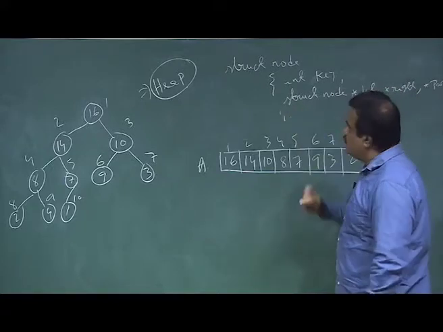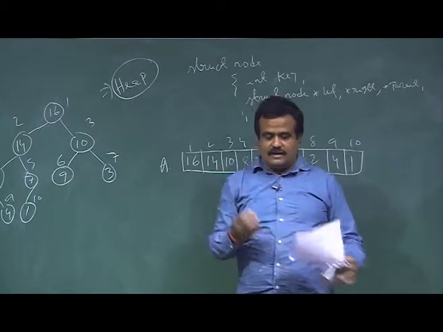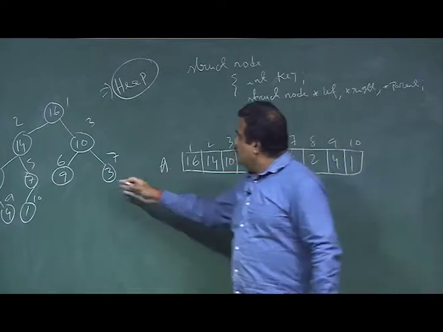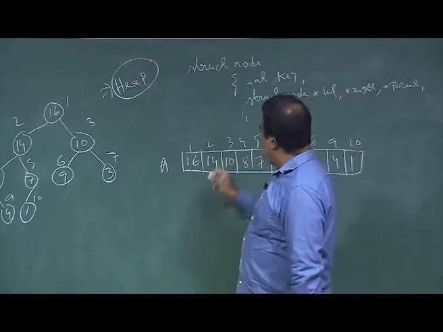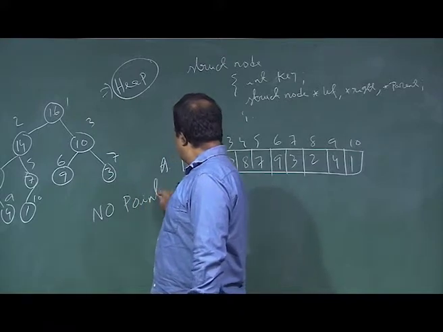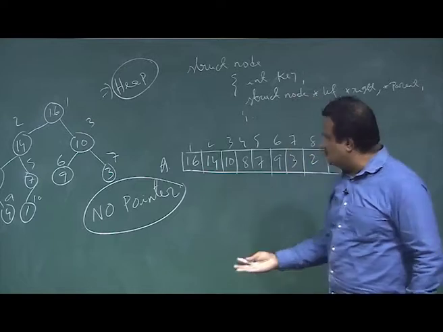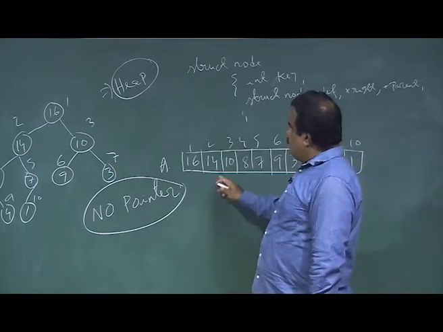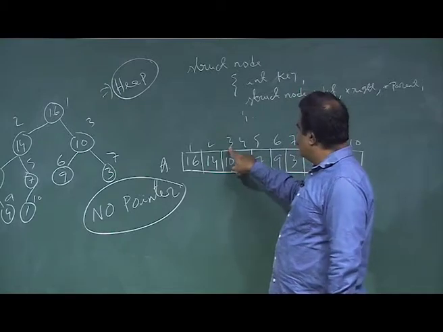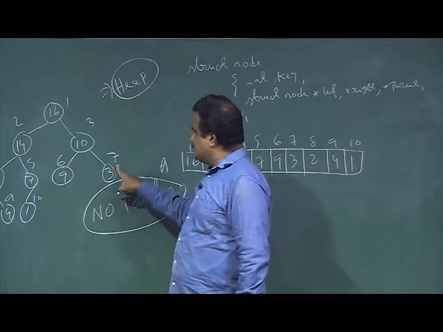Okay, so this way we implement a tree in the C language, but here we do not need that. No pointer is required. This is the advantage. No pointer is required to have this tree, because we know if a node is, say, I, so if this is 3, who are the children of 3? 6 and 7.